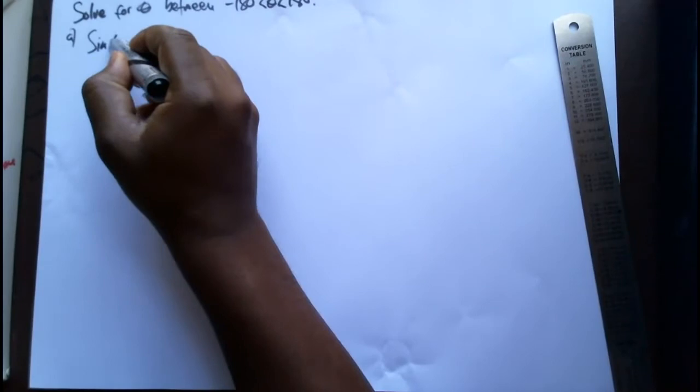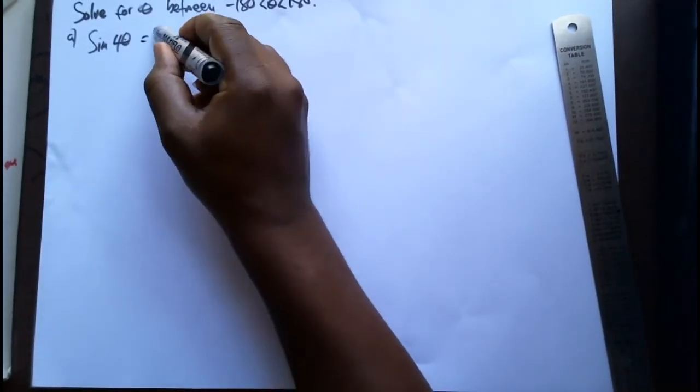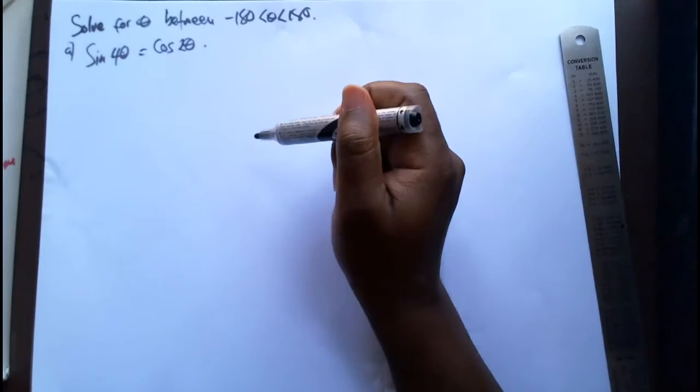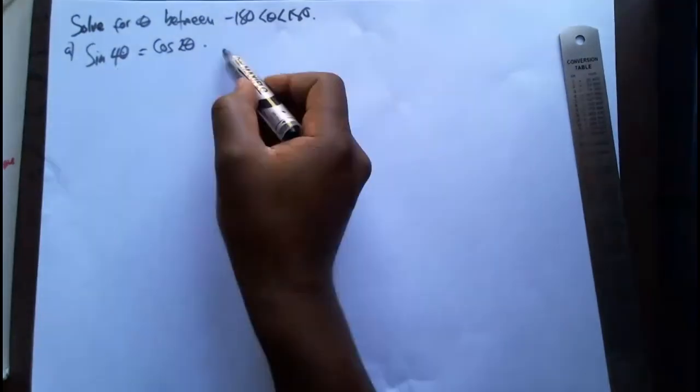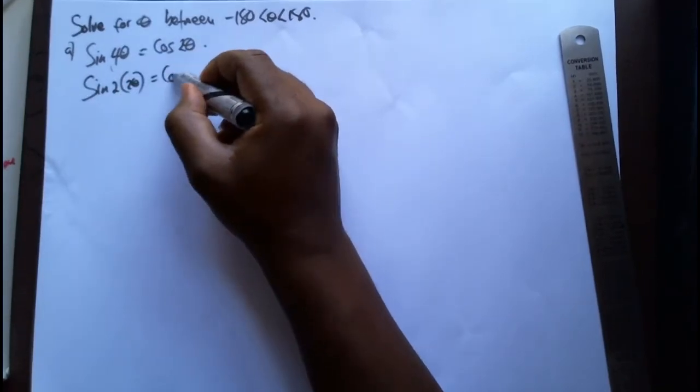So it's sine 4 theta is equal to cos 2 theta. So we are going to solve this for theta between negative 180 and positive 180. Since this is 4 theta, I can write sine 2 factor of 2 theta is equal to cos 2 theta.